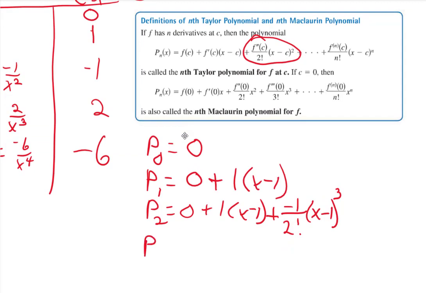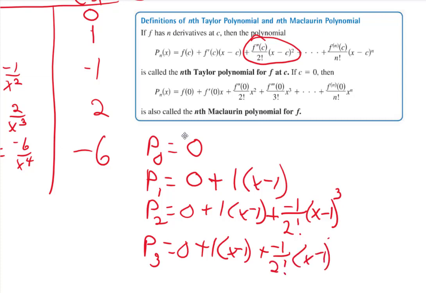And P3 is the same as P2 plus the next term, which would be the third derivative.